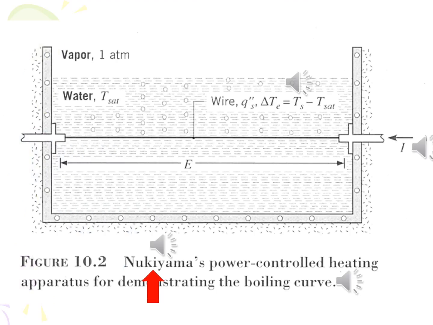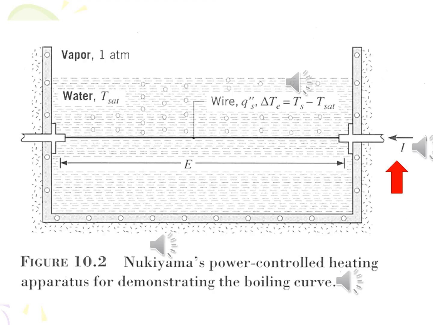Nukiyama spent a lot of time during his B.Tech project on boiling water by passing electricity through a wire. He increased and decreased power by increasing and decreasing the flow of current, I, through his wire. This is as power is equal to the voltage difference, E, times the current, I. He calculated q by dividing power by the surface area of the wire.